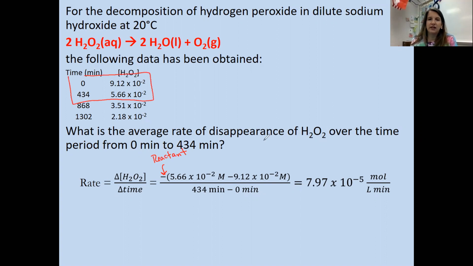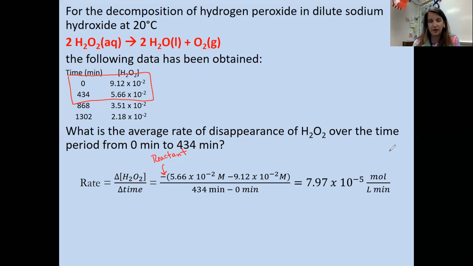So this is our set of data that we're concerned with. So we need to take our change in concentration, so 5.66 times 10 to the negative 2 minus 9.12 times 10 to the negative 2, and then our change in time, which is 434 minus 0. So that's going to give us 7.97 times 10 to the negative 5th.